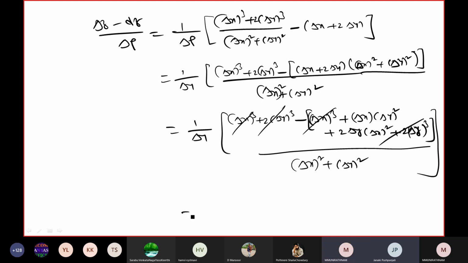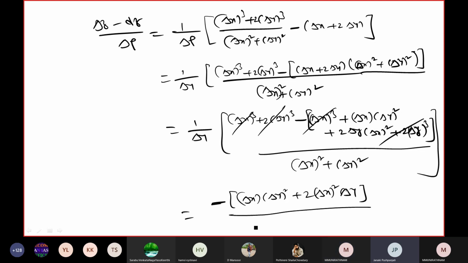What remains? Anyone? Minus of delta x delta y whole square plus 2 delta x whole square delta y. Delta rho, this is delta rho, sorry, into delta x whole square plus delta y whole square.